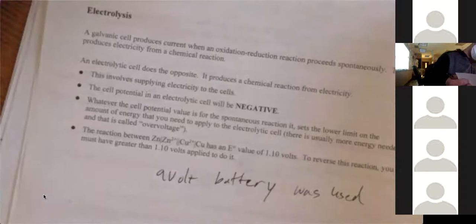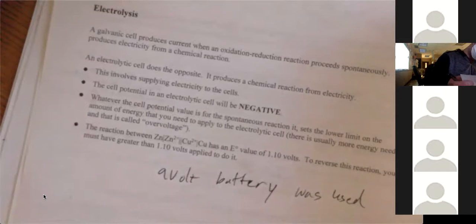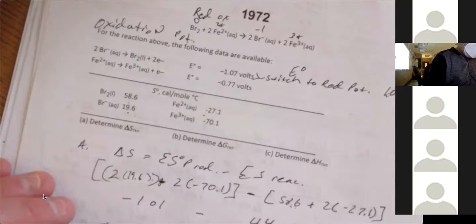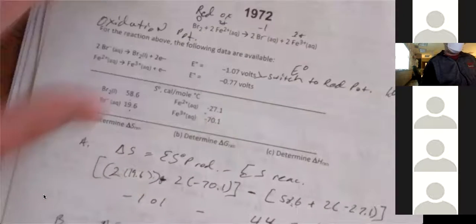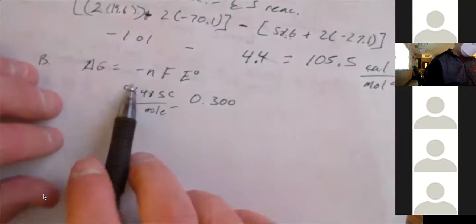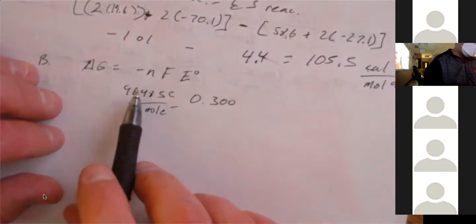F, Faraday's constant, is 96,485. That's coulombs per mole of electrons. Can you move the paper up so we can see? Yep. Thank you. And we've got to do our negative n. So we've got to figure out how many electrons are being changed each time. We can choose to do that with either of the half reactions up here.